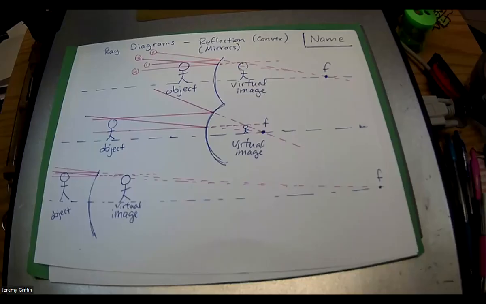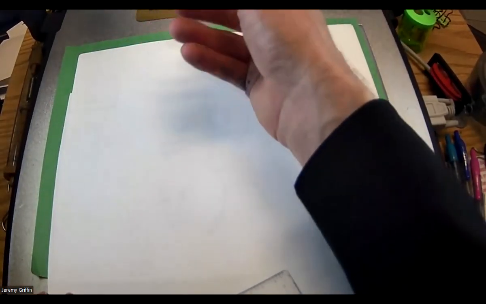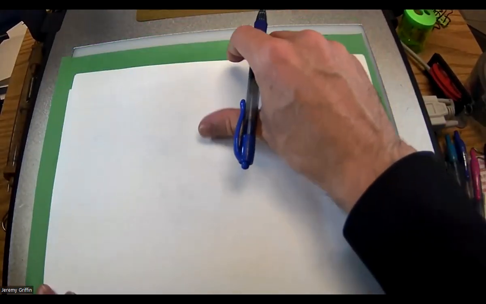All right, so now let's switch over and set up some concave mirrors. Concave parabolic mirrors. That's what I passed around with the Mirage Pig, which looks like it's floating in front.